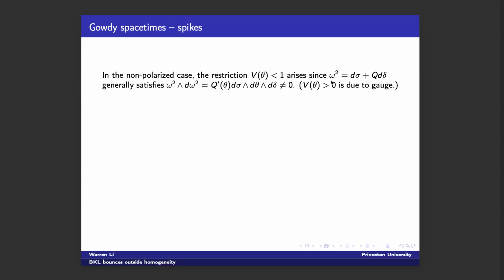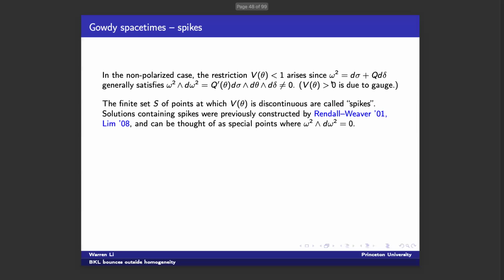So it should satisfy this relation being 0. But it turns out that in general, as long as Q is allowed to depend on theta, that's why we expect that.